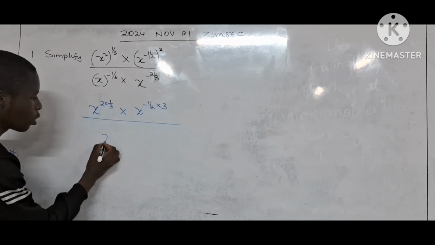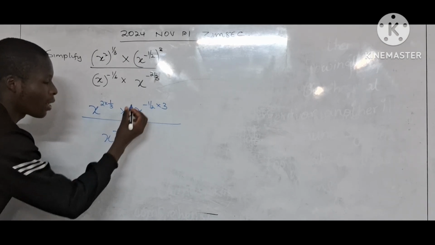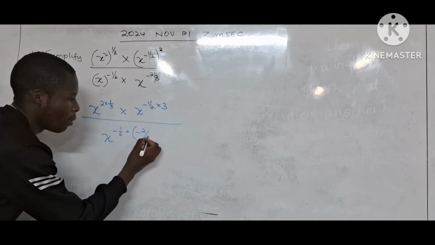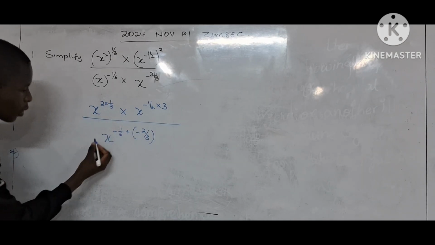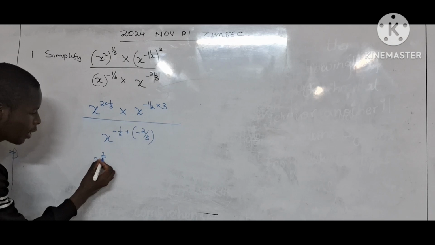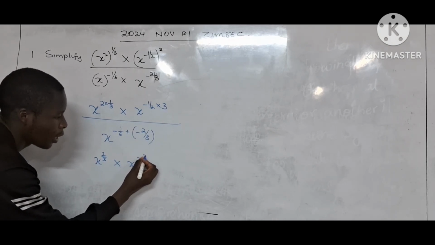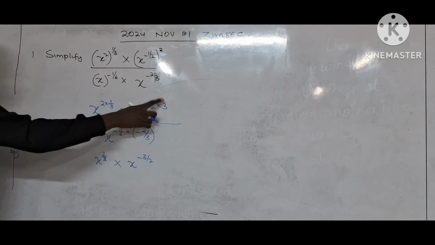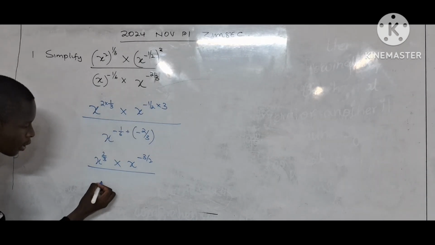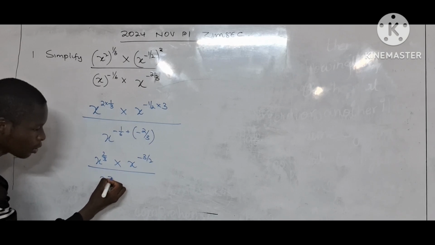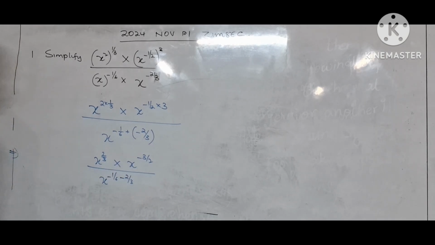So this will give me x to the power negative 1 by 6 plus minus 2 by 3. Now 2 times 1, this is x to the power 2 divided by 3 times x to the power negative 3 by 2, divided by x to the power negative 1 by 6 minus 2 by 3.